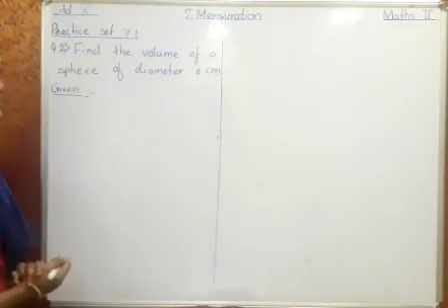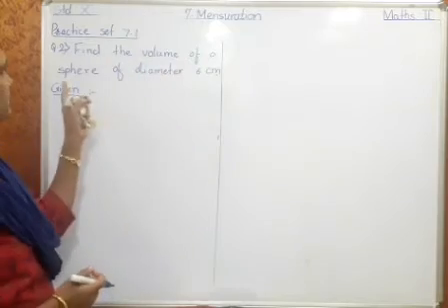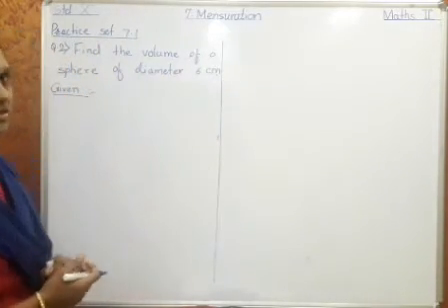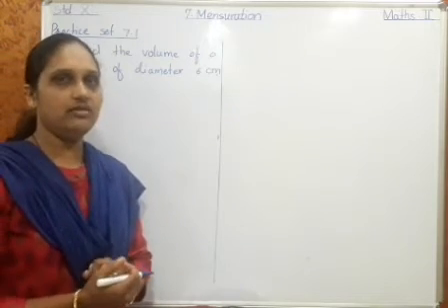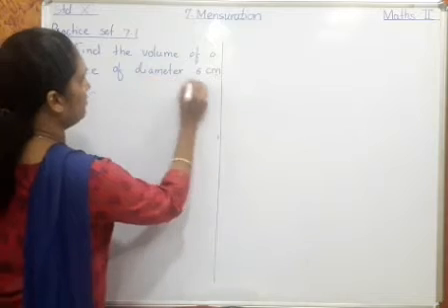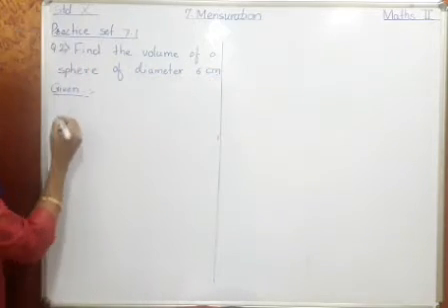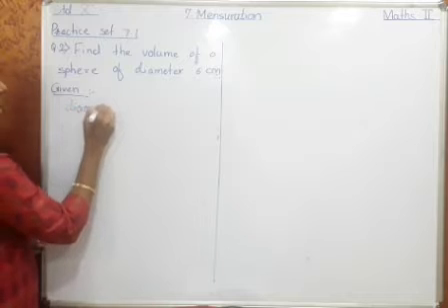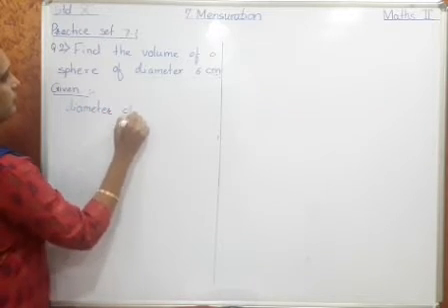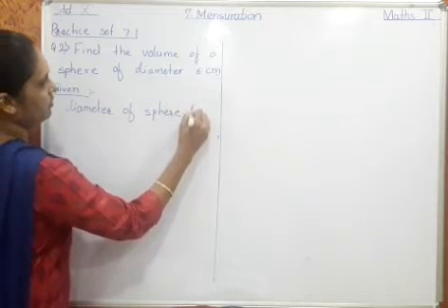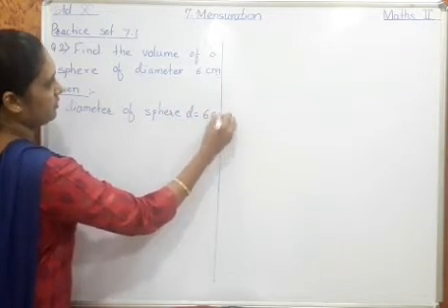The second sum is: find the volume of a sphere of diameter 6 centimeter. From this we'll first find the given and the question. In this sum, if you observe, diameter is given. So we'll write, given: diameter of sphere, d equal to 6 centimeter.